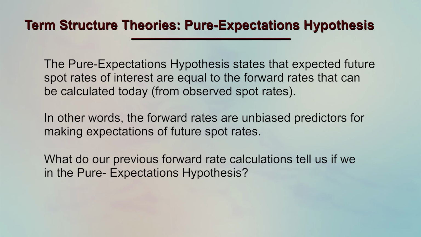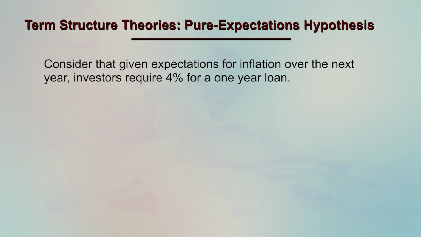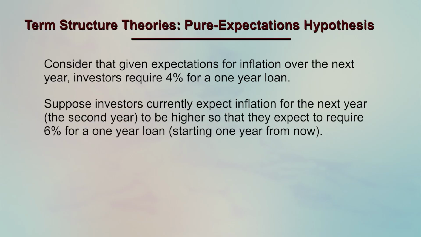So consider the given expectation of inflation over the next year, where investors require 4% for a 1-year loan. That means the loan is raised at the start of the year and repaid after a year, and the rate of interest decided is 4%. Suppose the investors expect inflation for the next year to be higher.